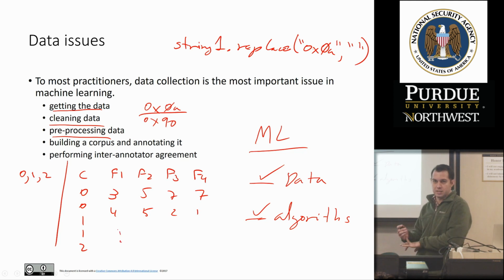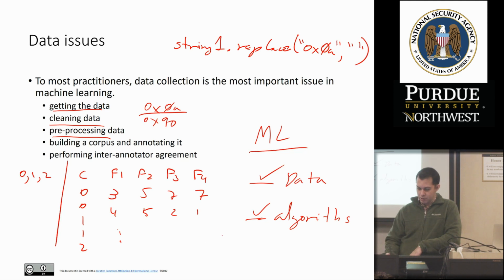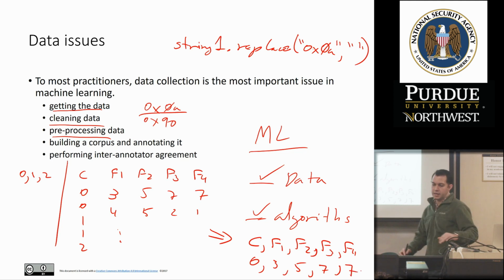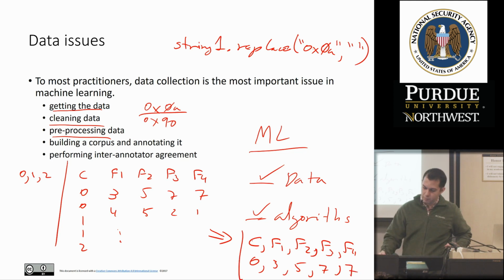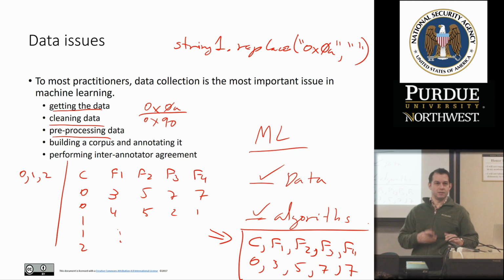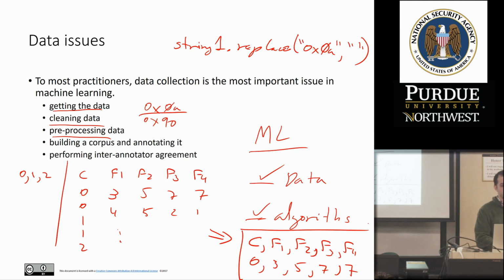Pre-processing means that this needs to be formatted in a specific way. So this probably translates into a comma-separated file, and the next row is 0, 3, 5, 7, 7, and so on, right? So that's what we mean by pre-processing the data: putting it in some kind of nice format.